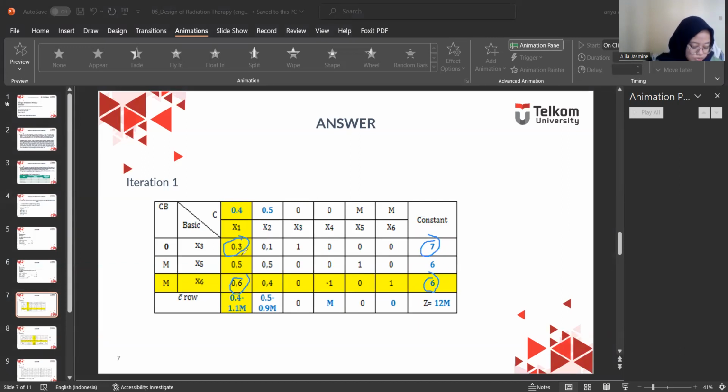Here for the first constraint it is 23 when you divide it, the second one is 12, and the last one is 10. That's why you choose the third row.